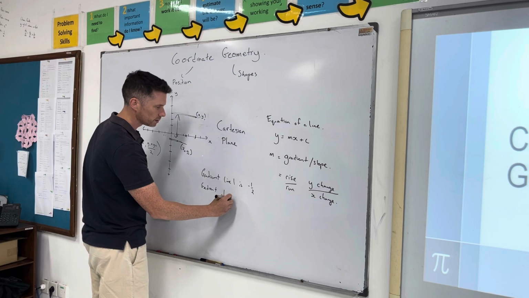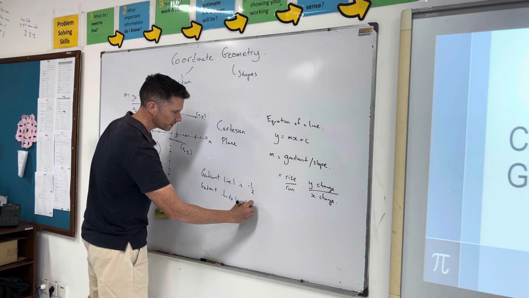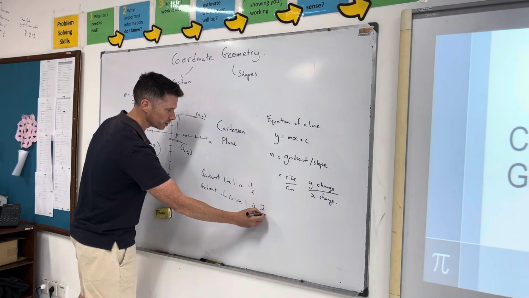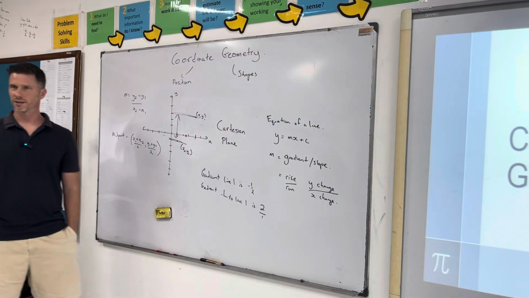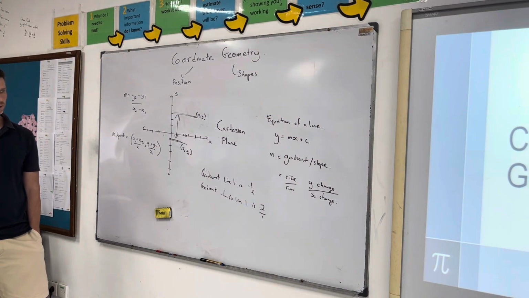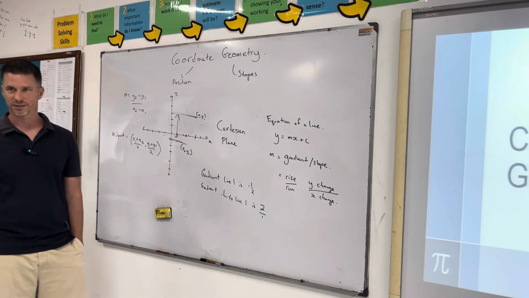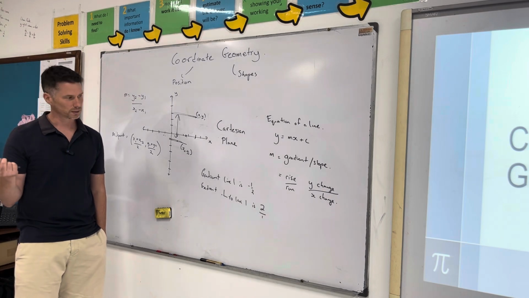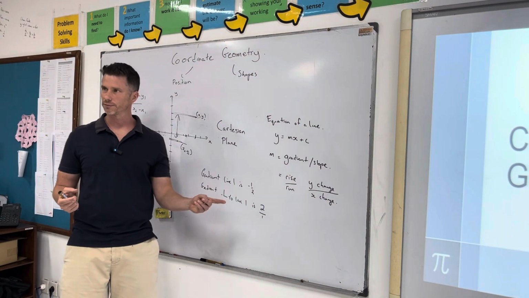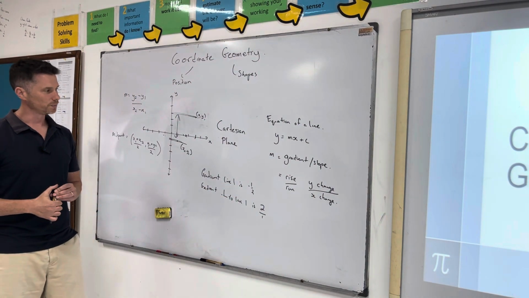Perpendicular to line 1 is just 2, or 2 over 1, it's the exact reciprocal and different sign. They have to multiply to give what number? They'll multiply to give 1, but it's not positive 1, is it? If one's positive and the other's negative, it's definitely going to end up being negative.